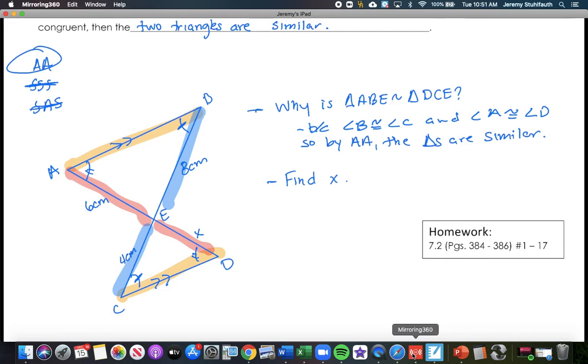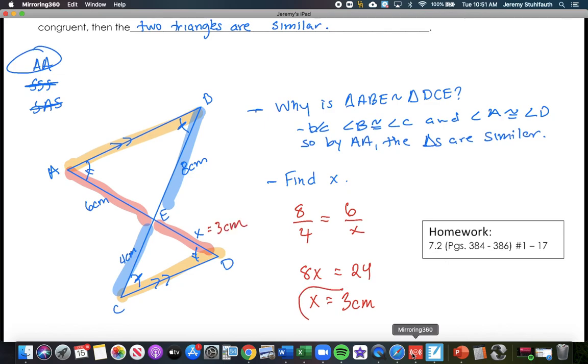So you have 8 over 4 equal to 6 over X. So I have the big triangle over the little triangle. You cross multiply. You have 8X equals 24. X equals 3 centimeters. So the length of that side is 3 centimeters.